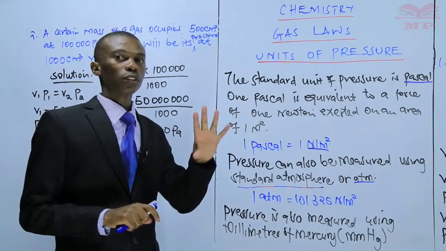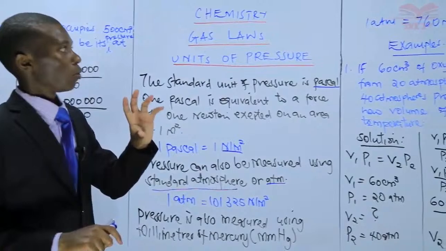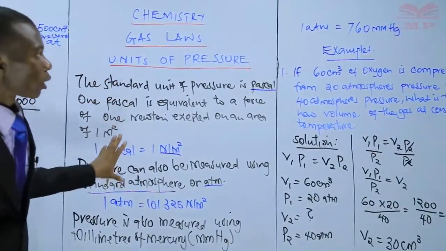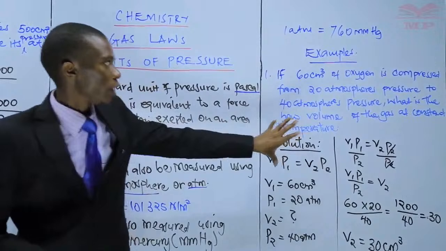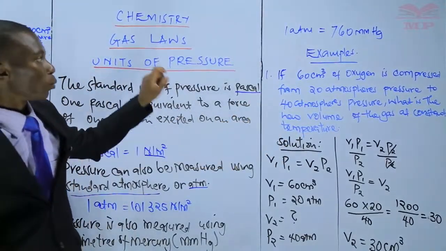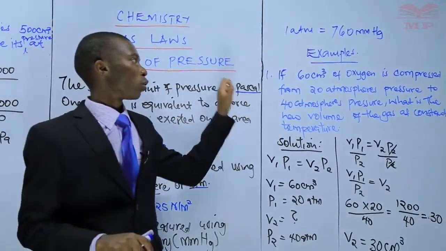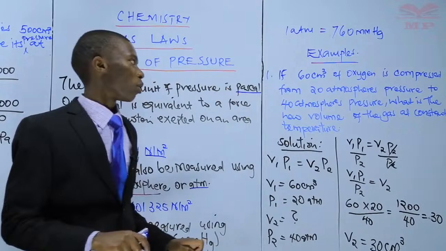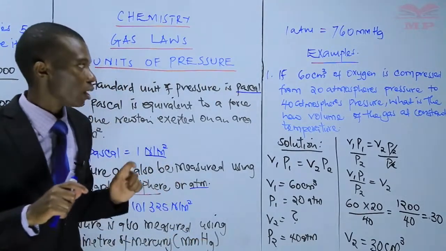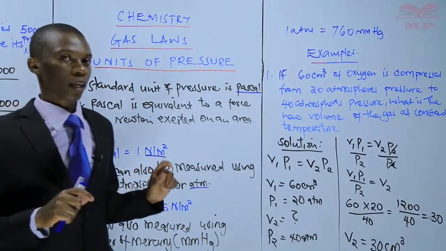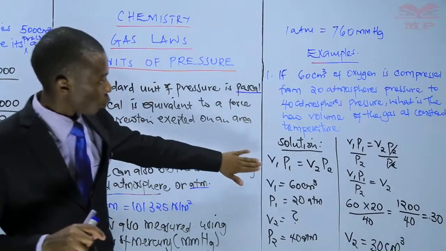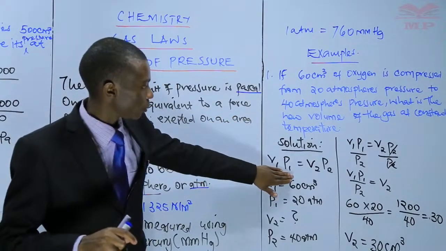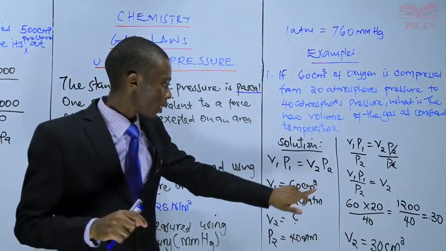And we have done 2 applications of Boyle's law. The application number 1 was: if 60 centimeters cubed of oxygen is compressed from 20 atmospheres pressure to 40 atmospheres pressure, what will be the new volume of the gas at constant temperature? And we have our expression V1 P1 equals V2 P2.